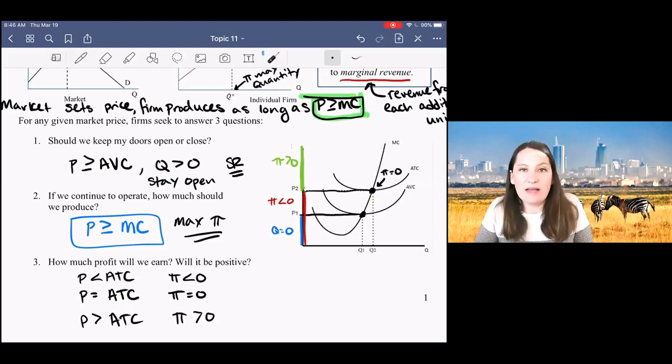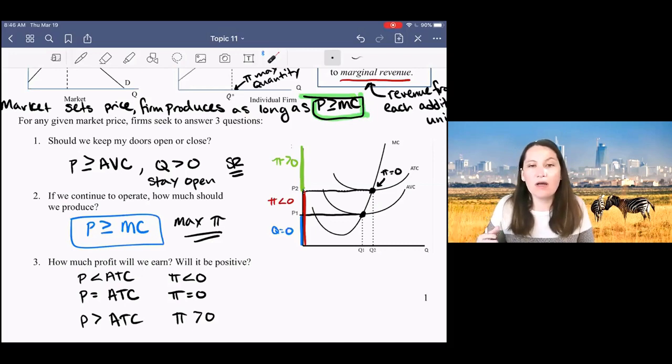You're earning enough money that you are not only paying your variable costs, but you're able to pay down some of your rent or your fixed costs. So even though you're making a loss, your losses are going to be smaller than if you just shut down and took the fixed cost as a loss.